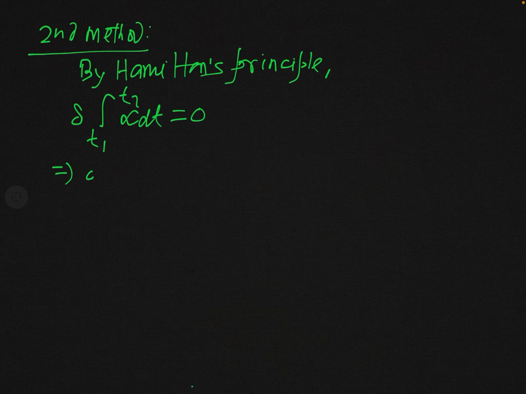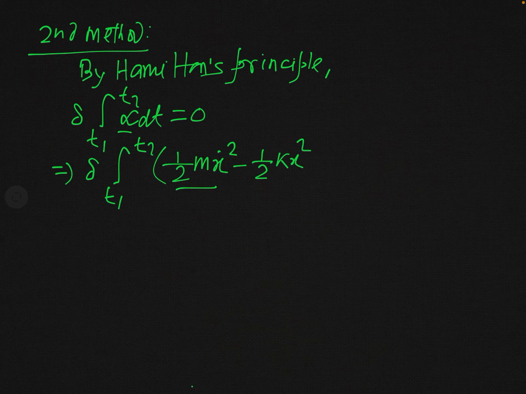And you have just calculated what is this Lagrangian for this linear harmonic oscillator. You have seen this Lagrangian for the linear harmonic oscillator is simply half m x dot square minus half kx square. Actually, this is kinetic energy T and this is potential energy V of this system. And so L equals T minus V is the Lagrangian.